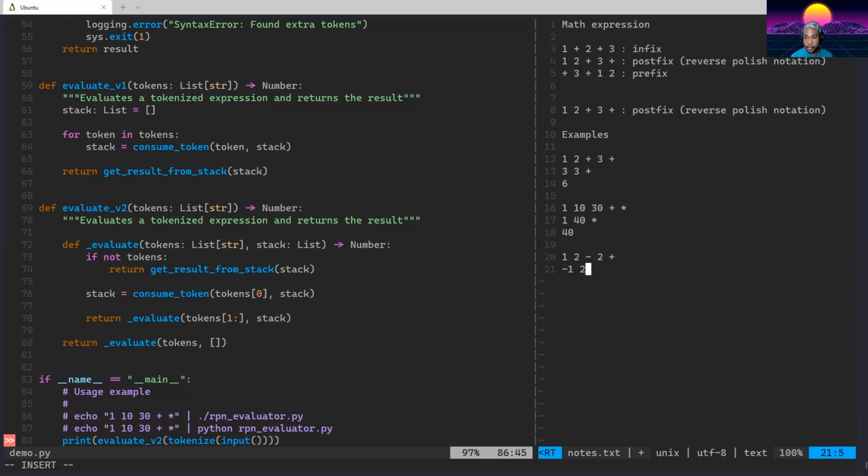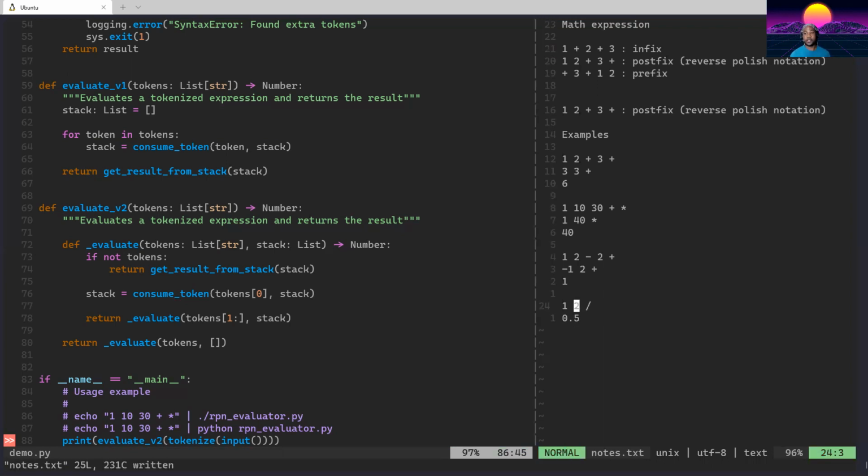And then 2, and then plus, and then this becomes 1. And then we can have division as well, where this is just 1 divided by 2, which is 0.5.